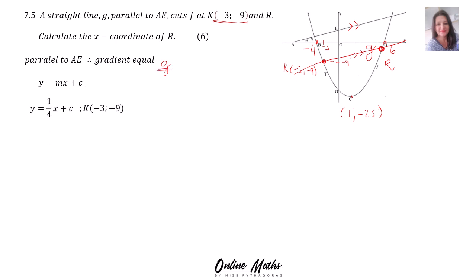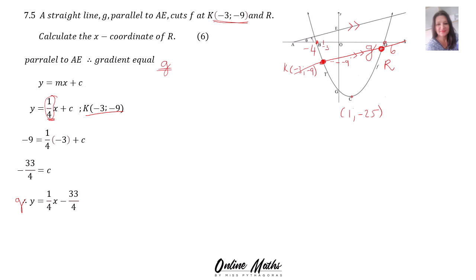And then I know that the gradient of AE was a quarter, and now my line G is parallel to line AE, therefore it's also a quarter, the gradient. And then the point -3, -9 that lies on the line, I'm going to substitute it in. I will calculate c and I find the equation of the straight line G is a quarter x minus 33/4.